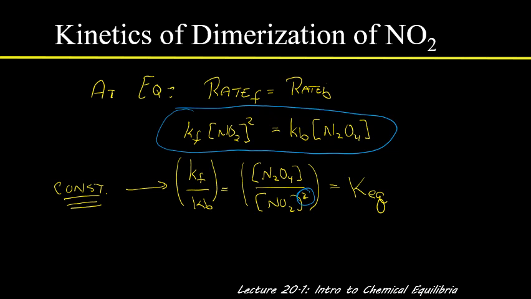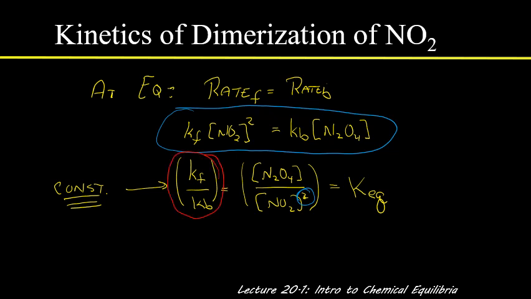Something else that I meant to mention that I don't think I said before. As you recall from the kinetics chapter, the rate constants are temperature dependent. Remember, we had the Arrhenius equation, that fairly complicated exponential function that described the variation in rate constants as a function of temperature.